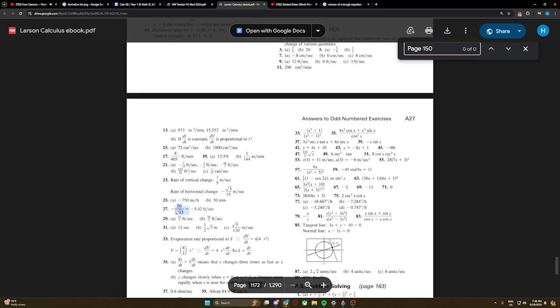They did not get rid of the square root on the bottom, so whatever.